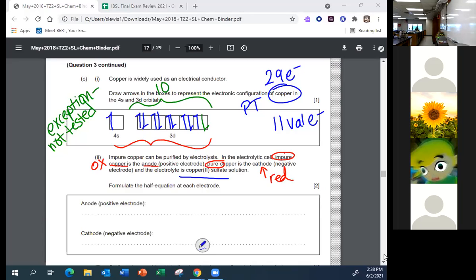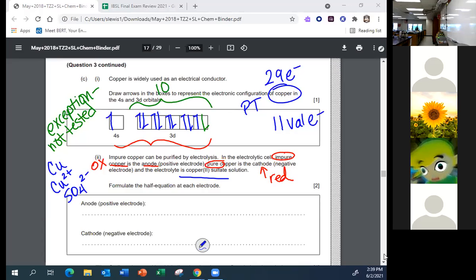So what you want to think about to yourself, what chemicals do I have available here? I have copper, I have copper ions, and I have sulfate ions. So when you look at those combinations, you can figure out that there's not very many options here of what processes are occurring.